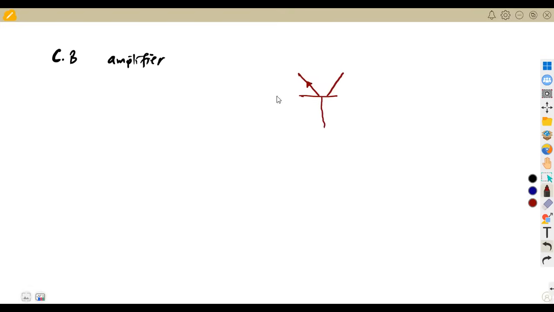Then we can add the input here, connected directly like this. We just need a capacitor at the input also, so that this will not cause damage to our transistor, for regulation purposes.